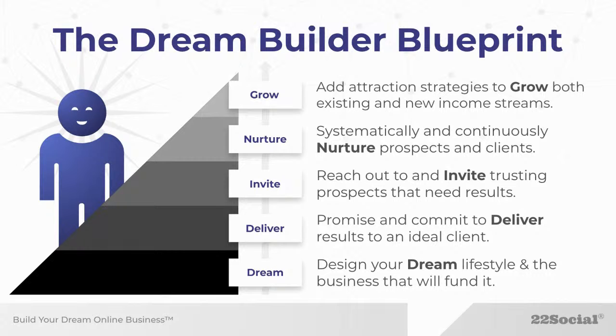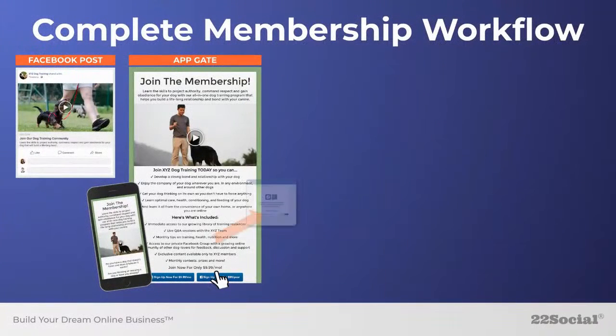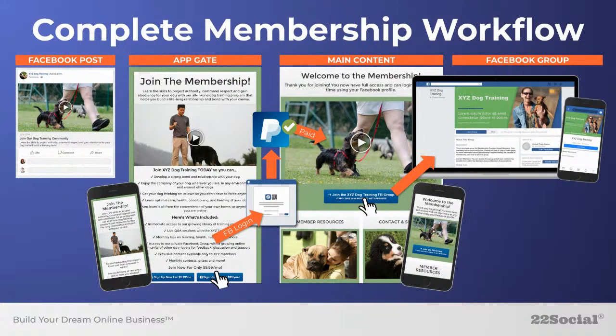So with that, I'm going to just remind you of the workflow that we've been going through over the last few weeks, which is really your membership site having a link, which shows up as a post like you see on the left-hand side. When you share that link, people click on it, they get to the gate or the sales page.